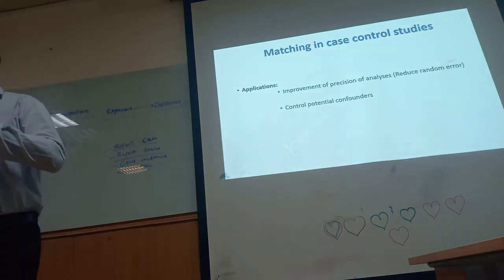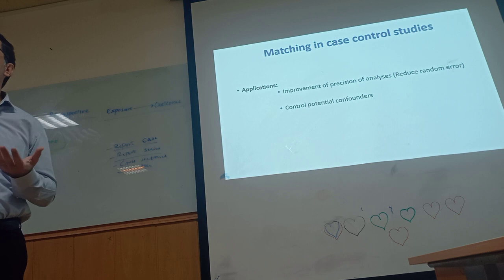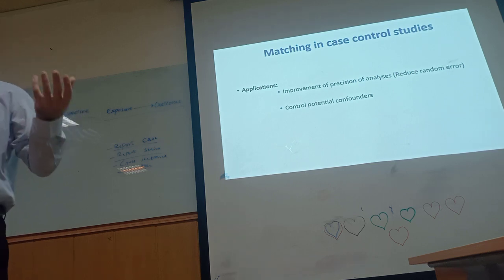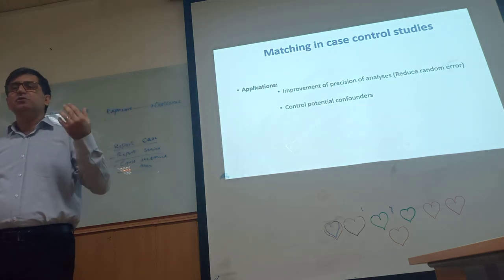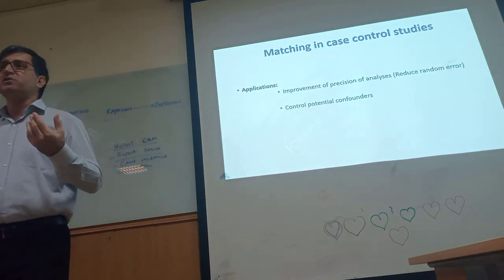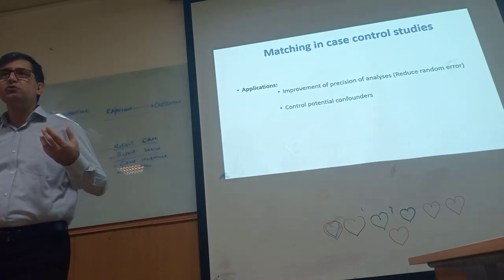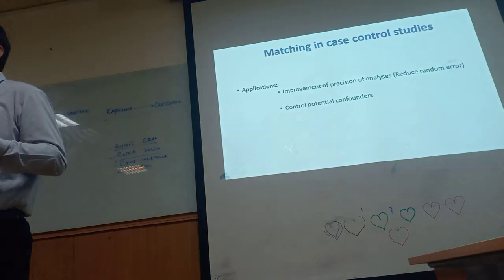You will see what confounding is in the next session. But in this case, we match cases and controls in terms of age. In this way, we force the case group and control group to be identical in terms of age distribution.